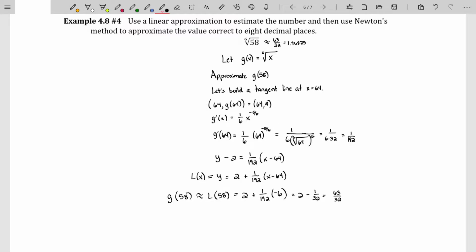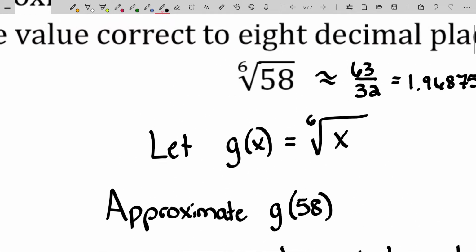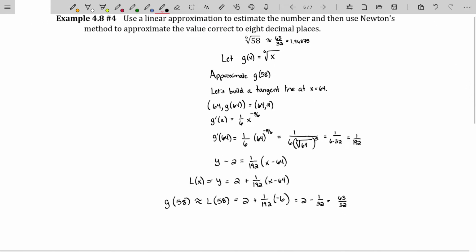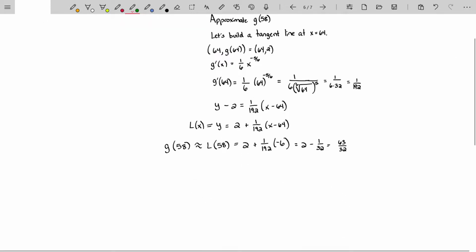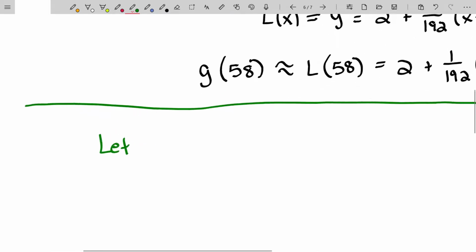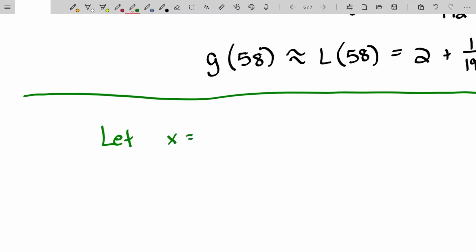Now, how the heck would you use Newton's method to approximate that value? I'll use blue for Newton's method here, or maybe green. Green is good, right? So for Newton's method, we'll let x equal the 6th root of 58. We don't know what that is, so I'm just going to say let x equal that.